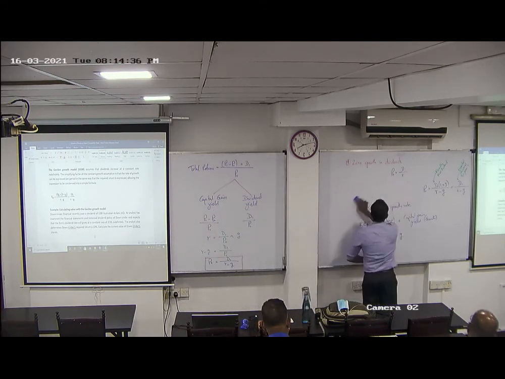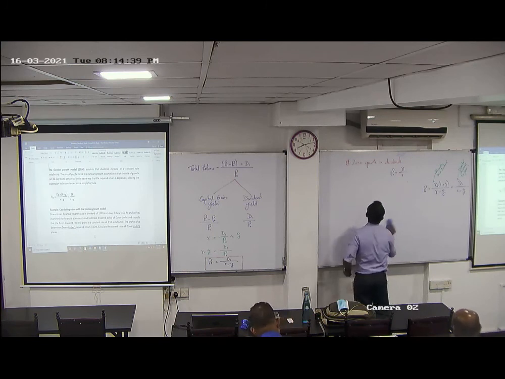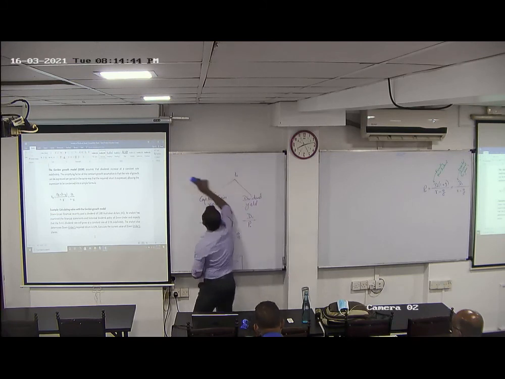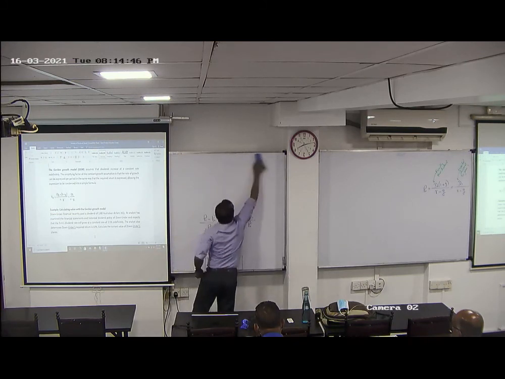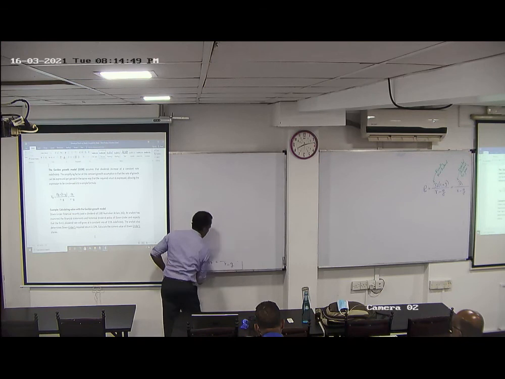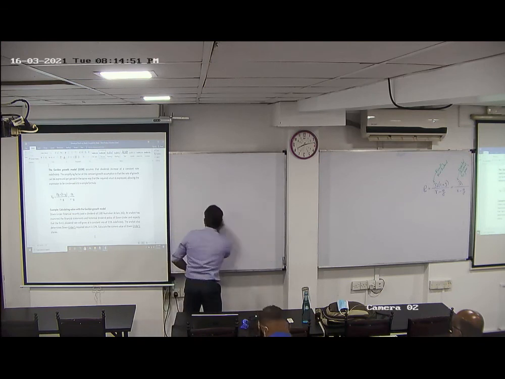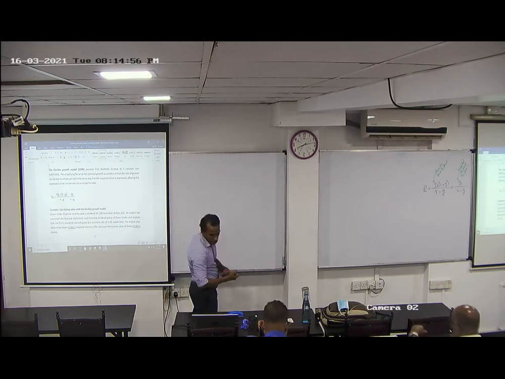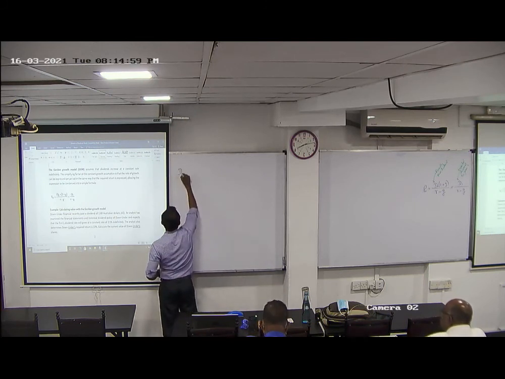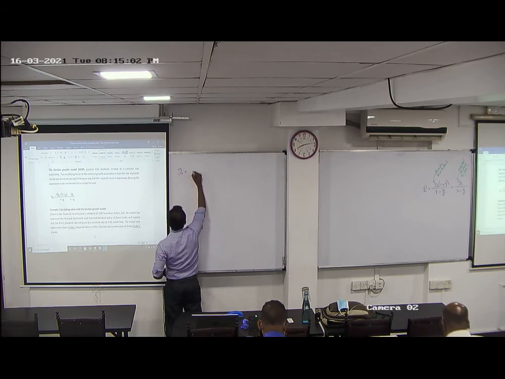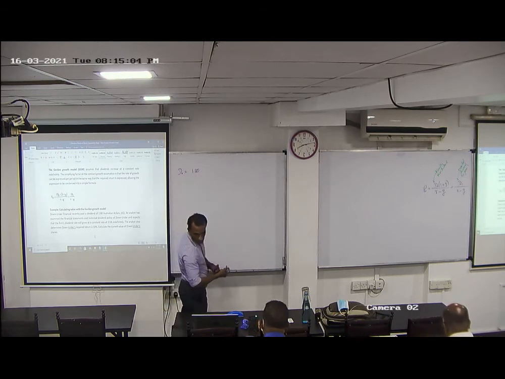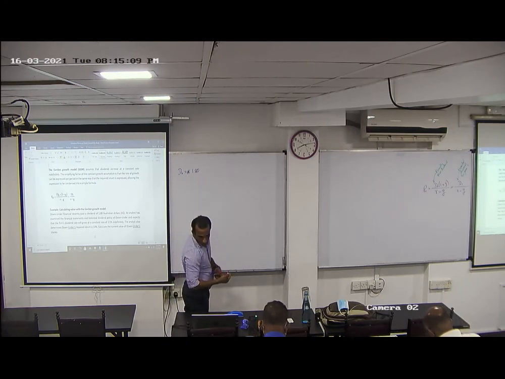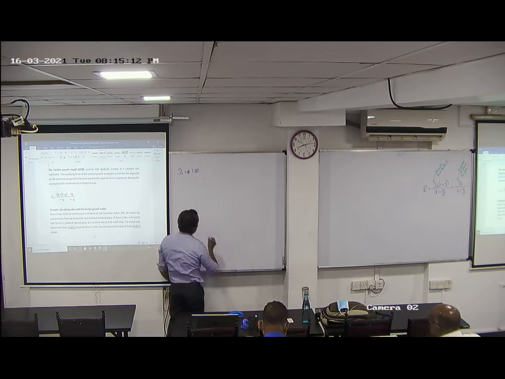Right. So we can easily calculate the price. Based on this information, we know 180 means D0, and the constant growth rate is 3.5%.